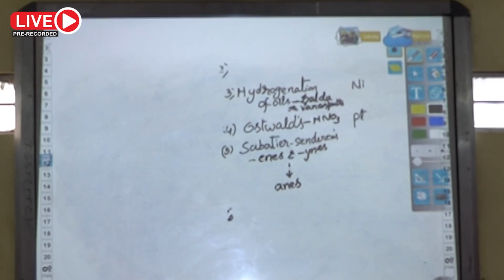Catalyst is cuprous chloride, CuCl, or cupric chloride, CuCl2. Deacon's process is for the manufacture of chlorine. What catalyst do we use? Either cuprous chloride or cupric chloride, CuCl or CuCl2.